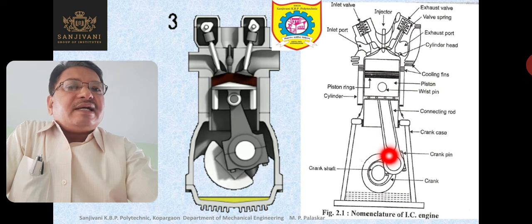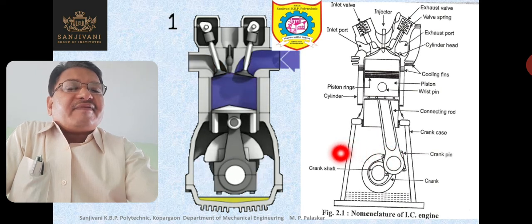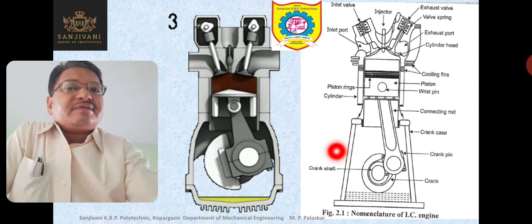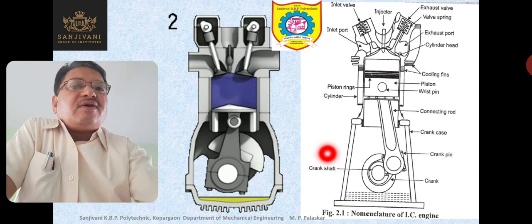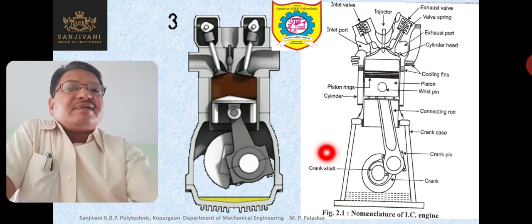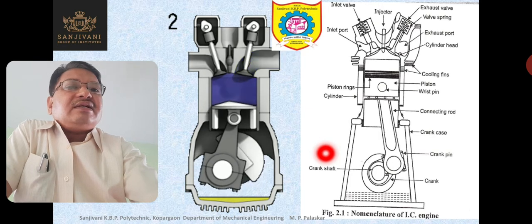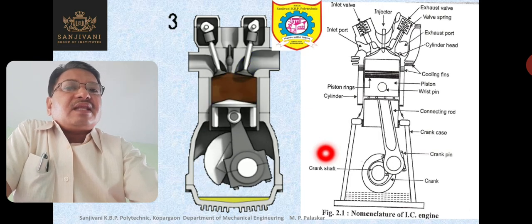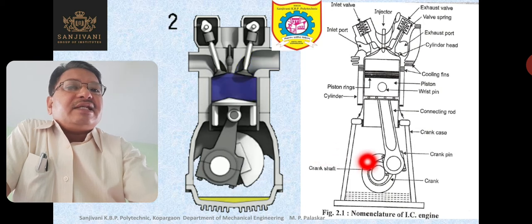So the crank connects the connecting rod with the crankshaft. The crankshaft is rotating and the crank is connecting the connecting rod with the crankshaft. So the crank rotates along with the crankshaft. The crank is having complete rotation about the center of the crankshaft.